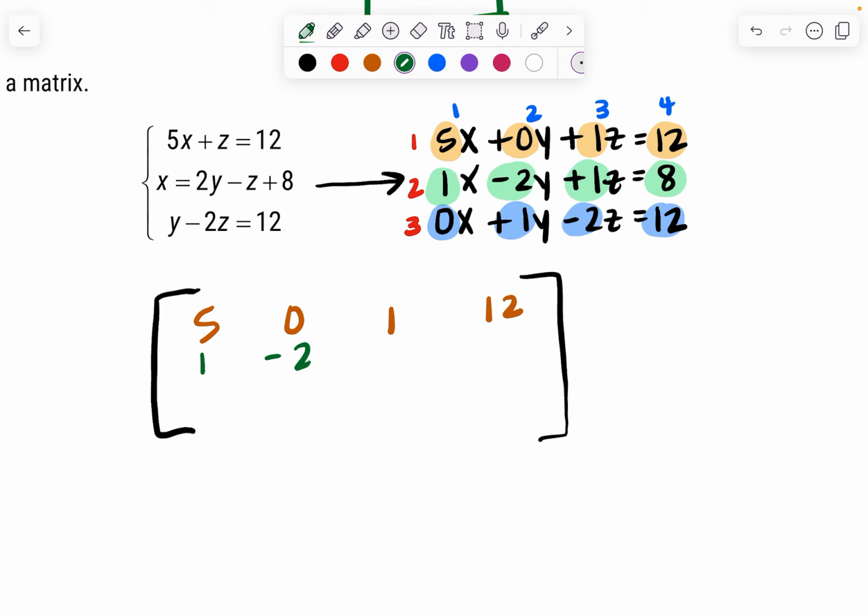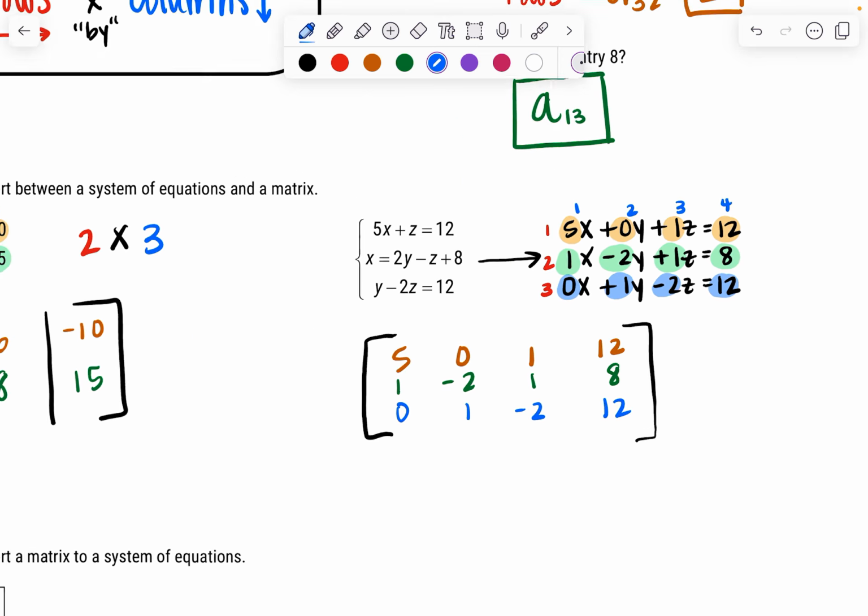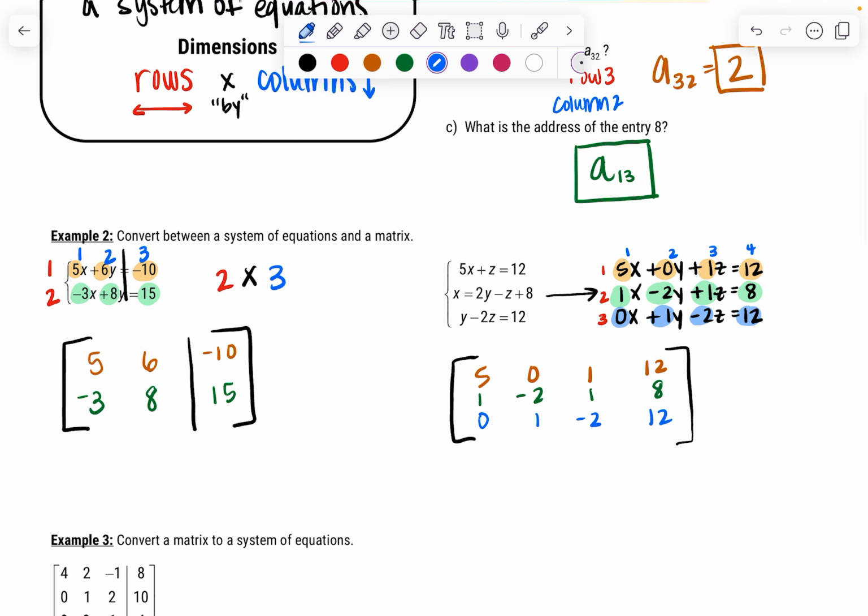And so in order to be able to eliminate, you have to make sure the variables are all lined up, if you remember from our solving by elimination on 3.1. So all I have to do to convert is just take all these coefficients, make sure everything's in order, and we are done.